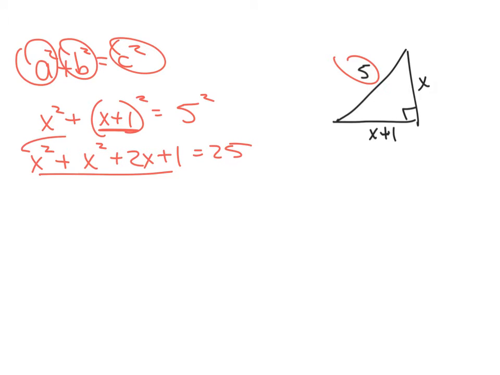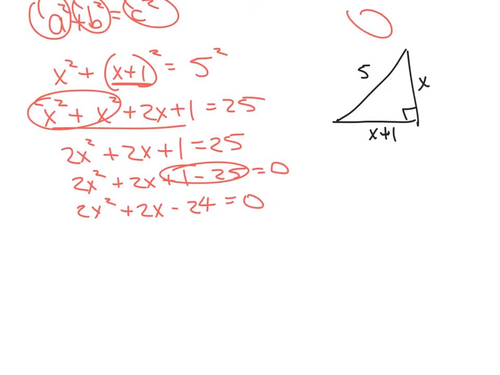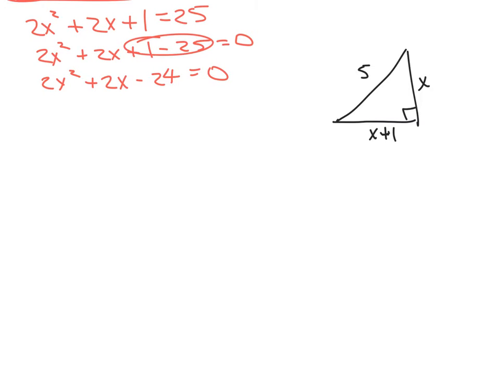Let's combine those two. Okay, we've got to set it equal to 0. So I'm going to subtract 25 from both sides. And 2x squared plus 2x minus 24, when we put these together, gives me 0. Okay, so all that work to get that equation. This is the equation we're going to work with.